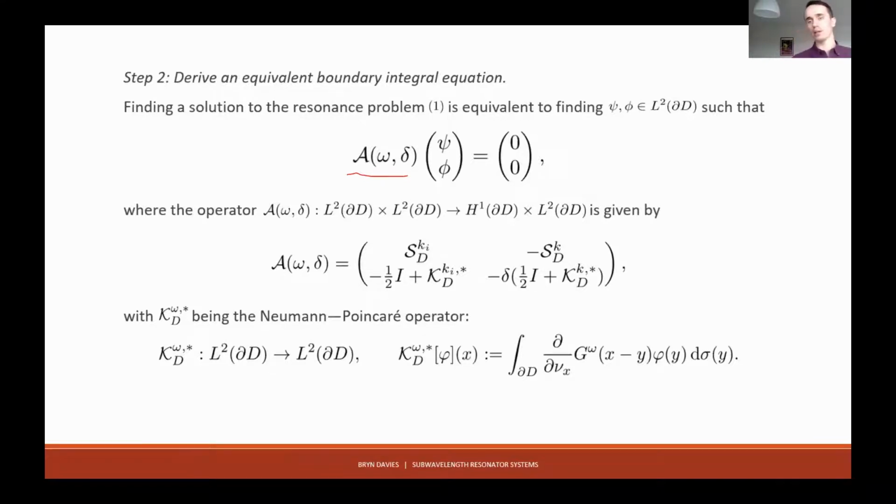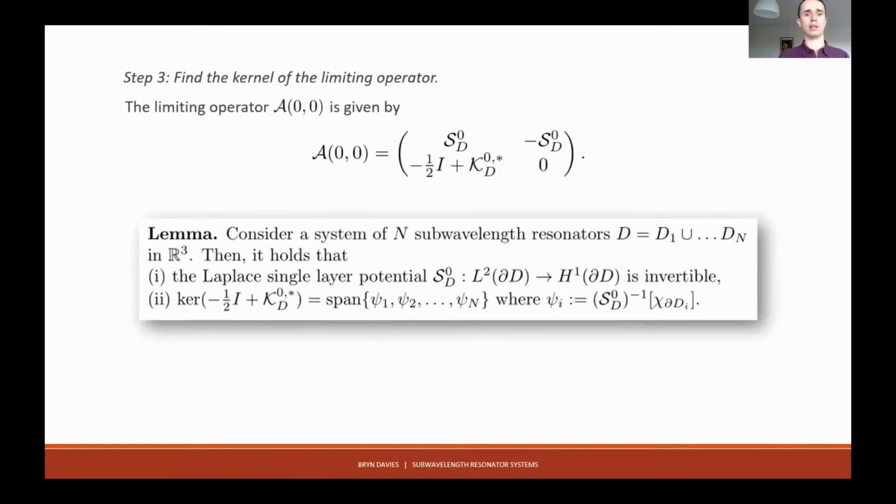And with that in mind, we can start by studying the limiting case, for which we have the following lemma, which says that A0 involves these two operators. It says firstly that the single layer potential is invertible in 3D, the Laplace single layer potential, that is.